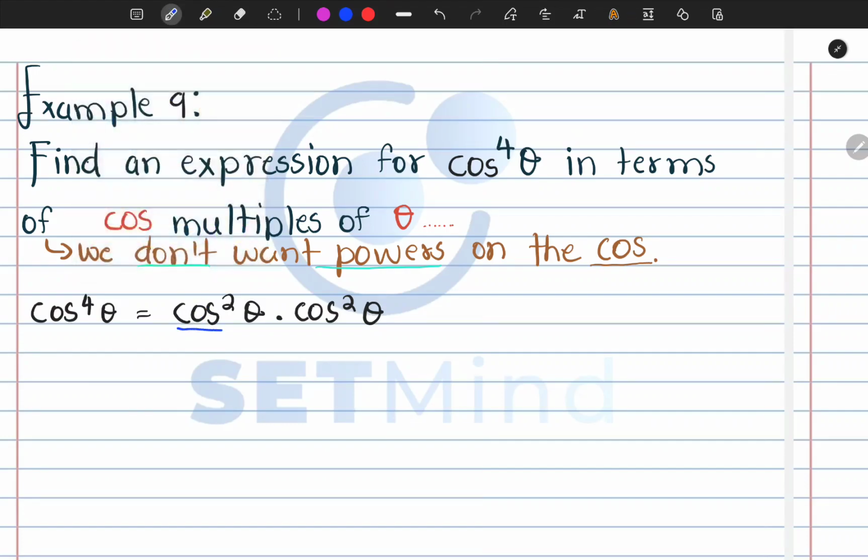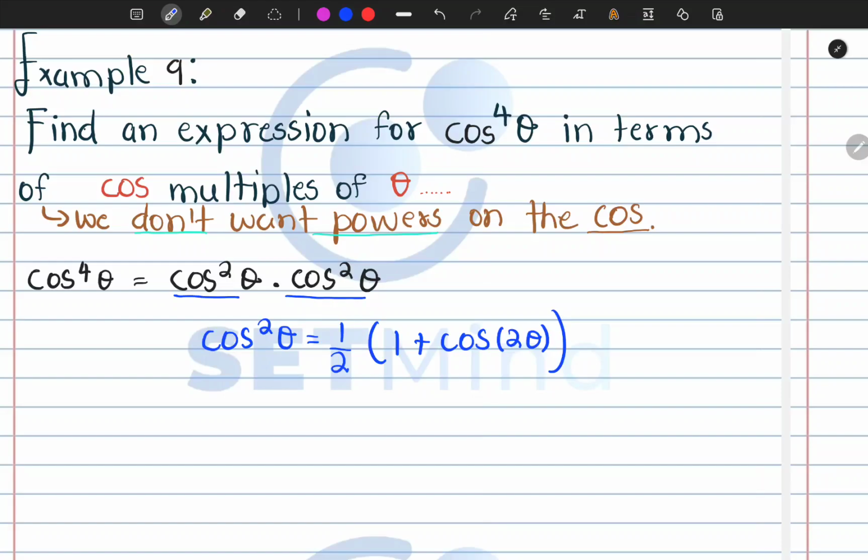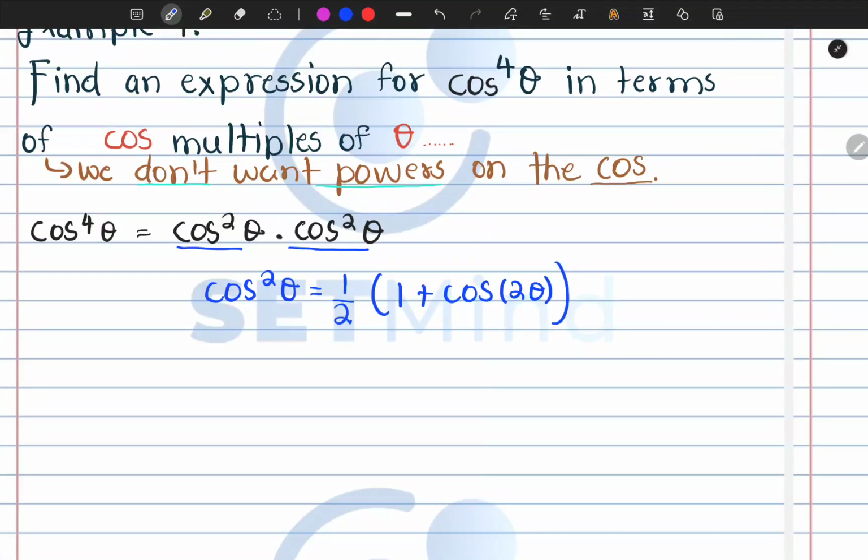So the first thing we are going to do is split this up into chunks which are digestible, if I can use the term. Why is this important? We covered this previously when we were doing some identities. We saw that cos squared theta is the same as a half of 1 plus cos of 2 theta. You can express it this way. By doing that, we would have eliminated the squares already.